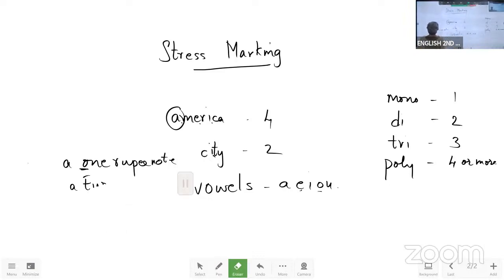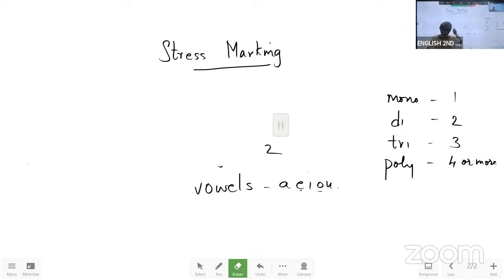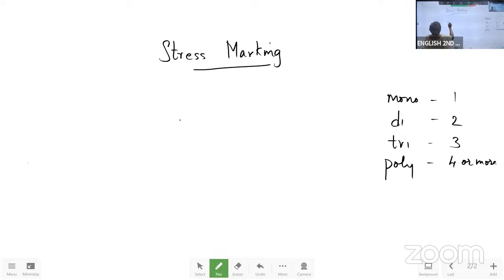When you pronounce certain words, take for example, gigantic. It's a trisyllabic word. And it is only in the English language that we have stress marking. No other language has stress marking. So when you pronounce it, if you notice, a little more stress is given on gan.